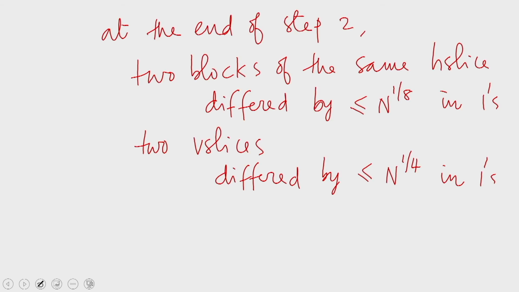That is, if you consider 2 vertical slices, they differ by at most n power 1 by 4 in their number of ones. But then the width of a block, which is the same as the width of a vertical slice, is n power 3 by 8. That is a 0 to 1 transition within a vertical slice.